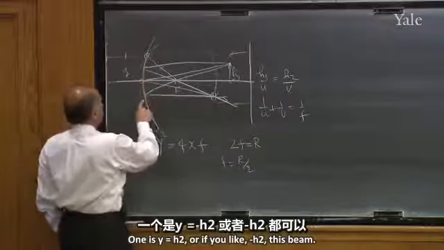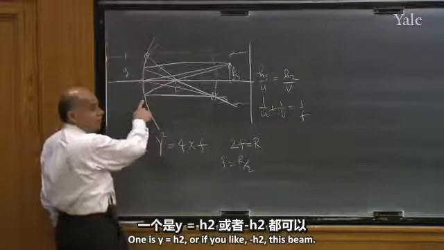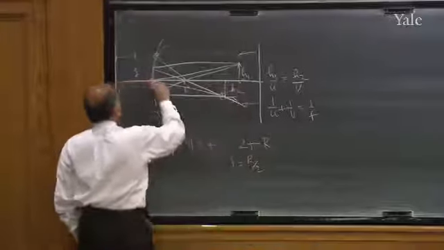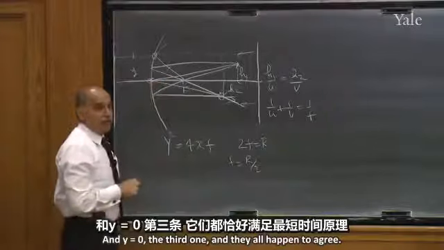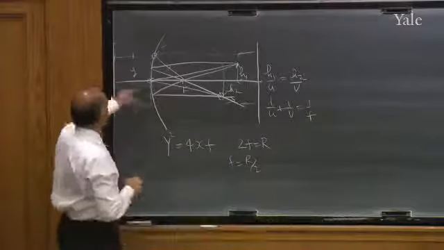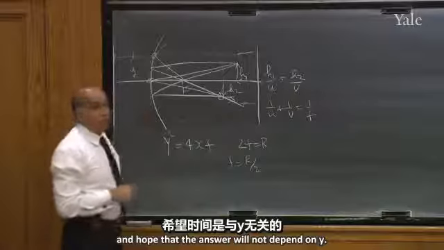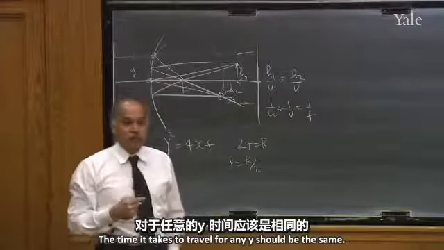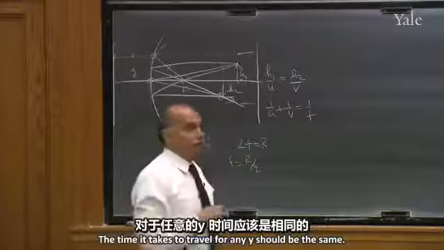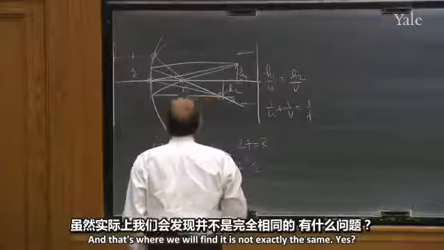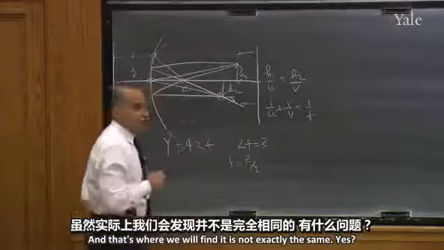One is y equal to h2, or if you like, minus h2, this beam. And y equal to 0, the third one, and they all happen to agree. I want to take an arbitrary y and hope that the answer will not depend on y. The time it takes to travel for any y should be the same. And that's where we will find it is not exactly the same.